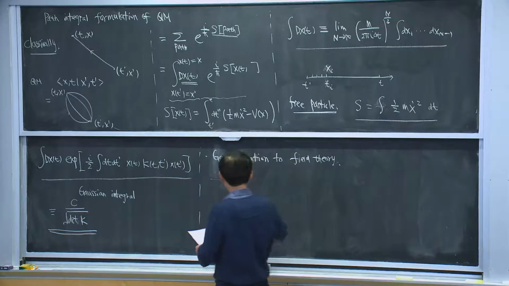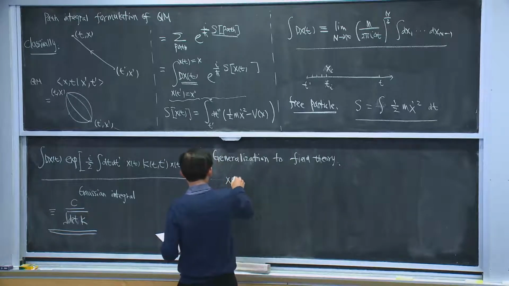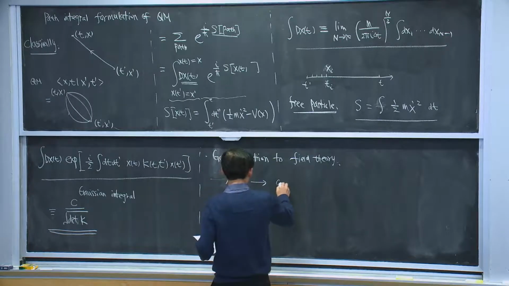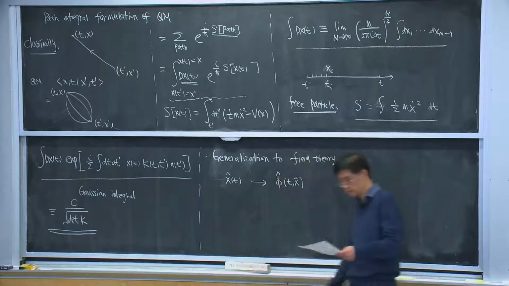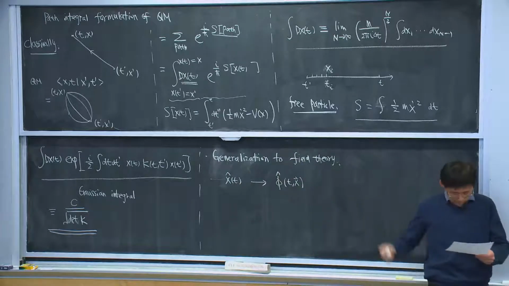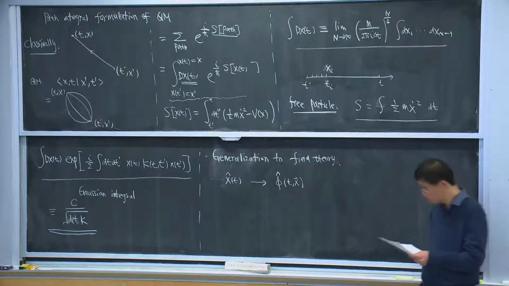Remember, the dynamic variable for a single particle is this operator, and when you go to field theory, the counterpart of this is phi, your field variable.